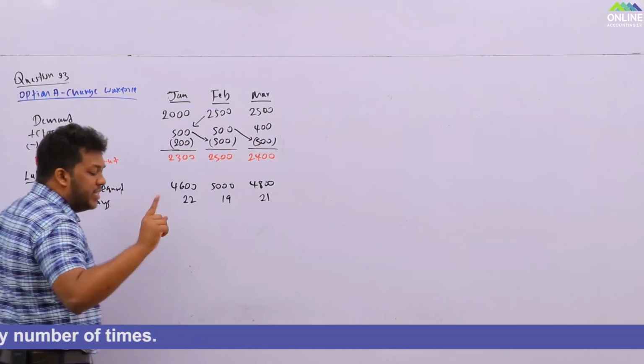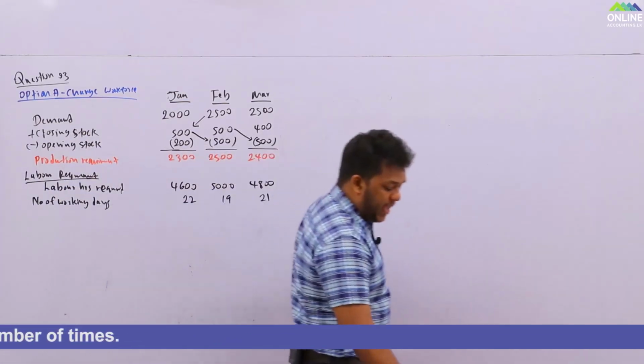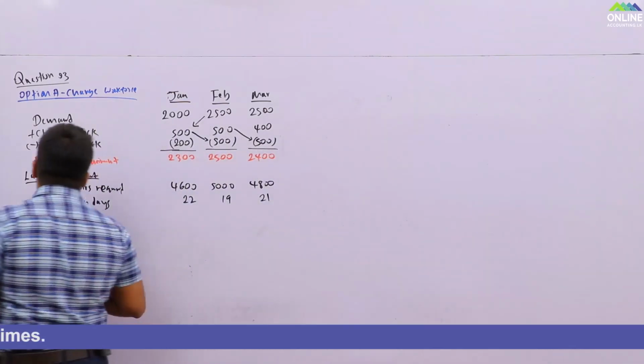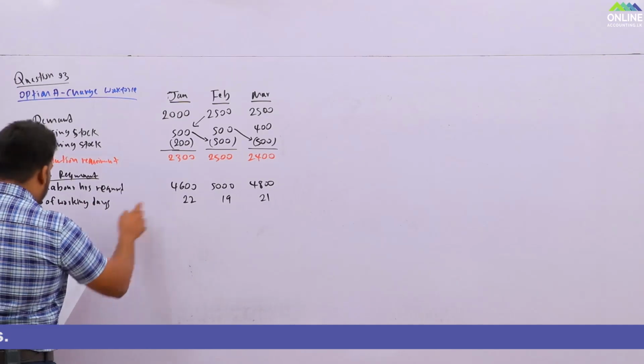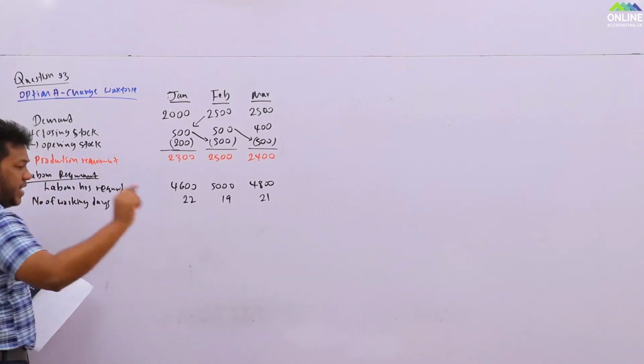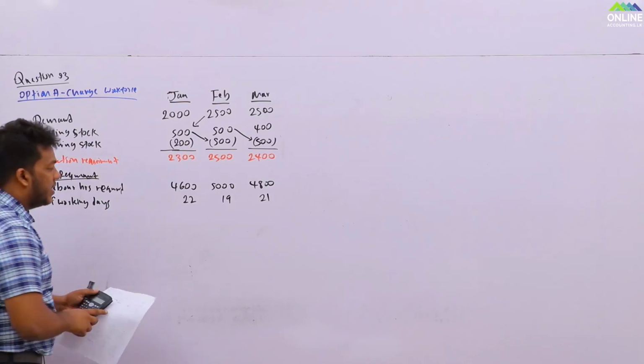If one worker is working, let's say the company has one worker, how many hours can he work per month? 22 into 8. Per day, the number of hours a worker can work is 8.